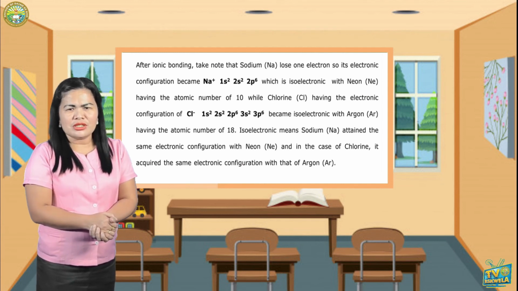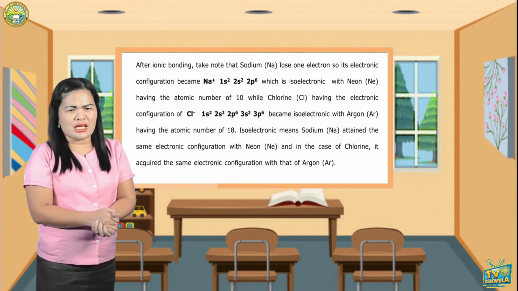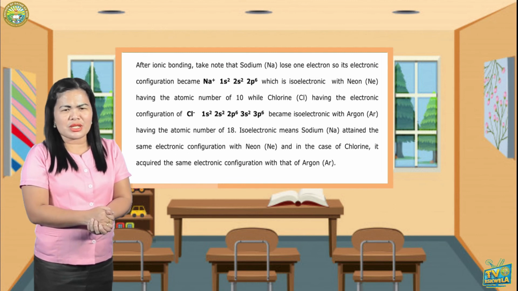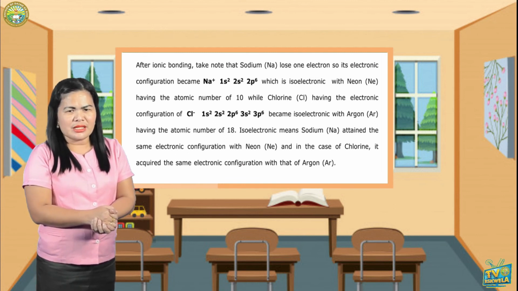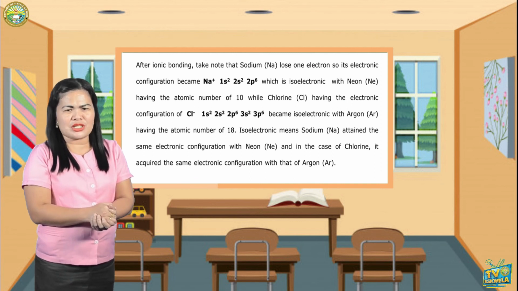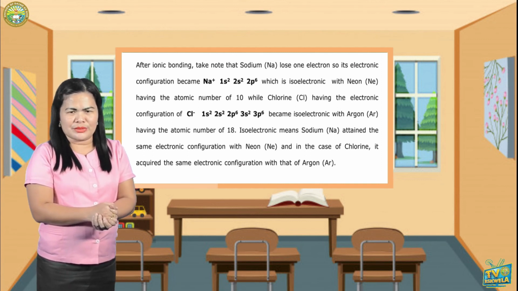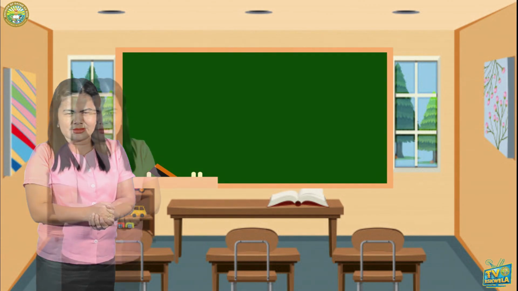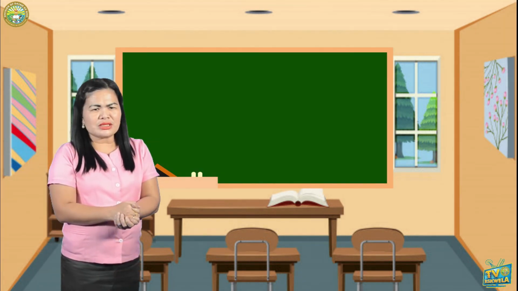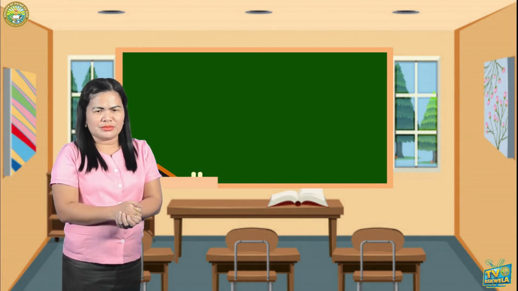Isoelectronic means sodium attained the same electronic configuration as neon, and chlorine acquired the same electronic configuration as argon. Thus, both of them became stable.